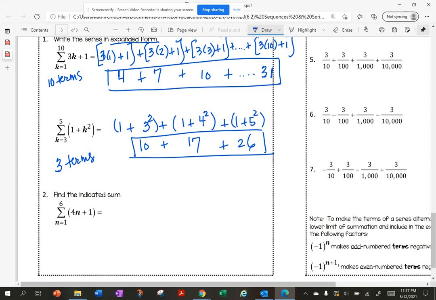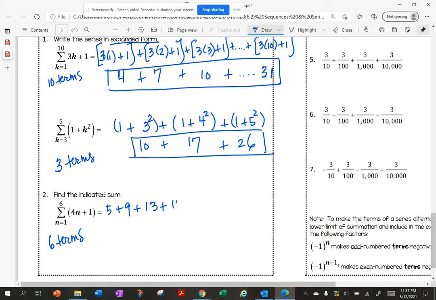Okay, so I want to find the sum of this. So I have from 1 to 6, so I know I have 6 terms. 4 times 1 is 4 plus 1 is 5. 4 times 2 is 8 plus 1 is 9. 4 times 3 is 12 plus 1 is 13.